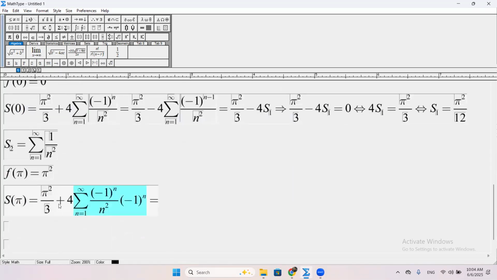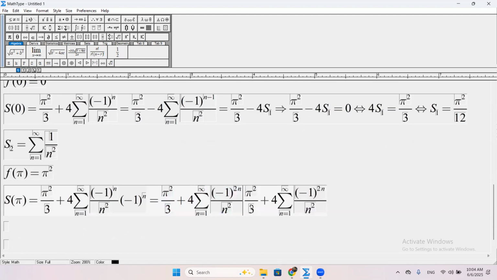Then if I multiply this minus 1 in power of n by itself, I will receive minus 1 in power of 2n, and of course it will be equal to 1. So we received a generalized harmonic series that is convergent because of the power of 2. I will also denote this series S2.